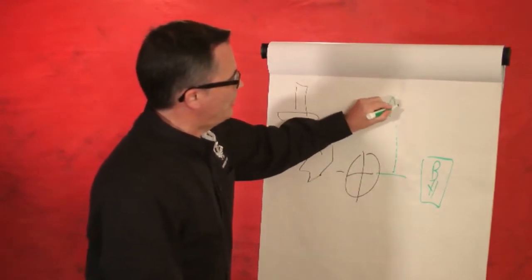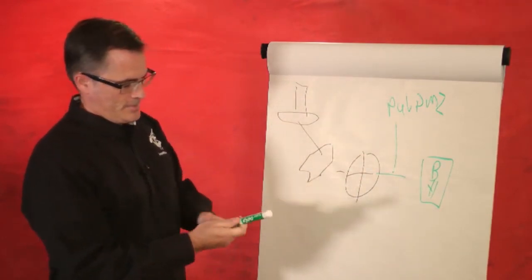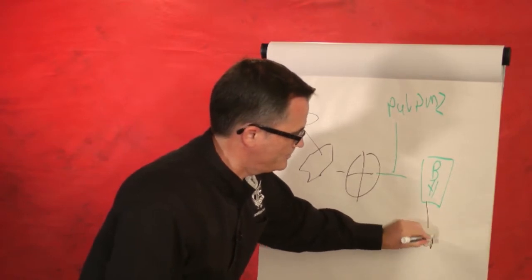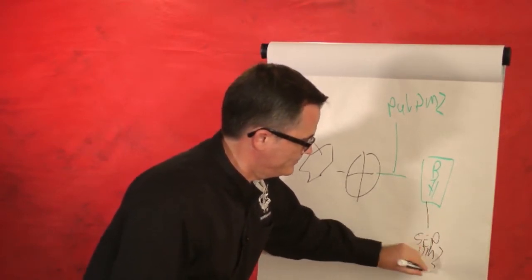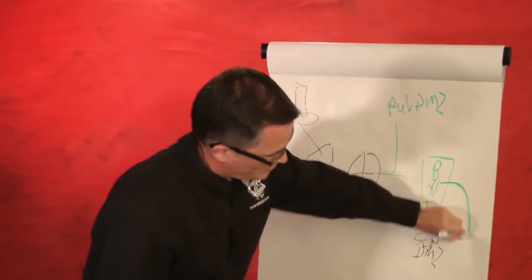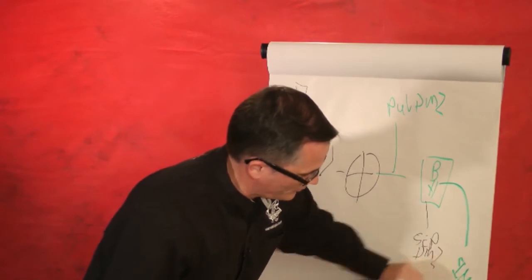Usually we got what we call a public DMZ here, and a separate DMZ here. Then of course we have our internal network. That's our internal network, right?